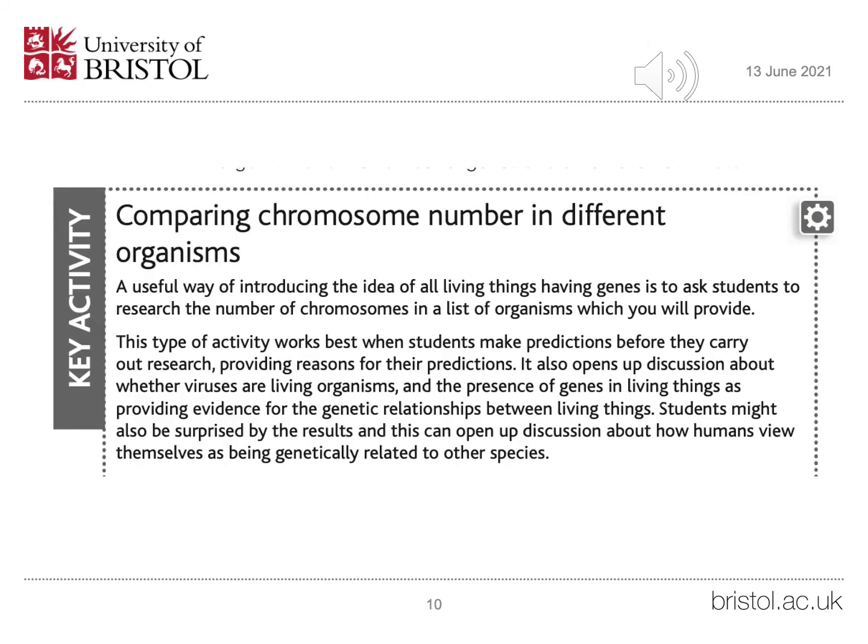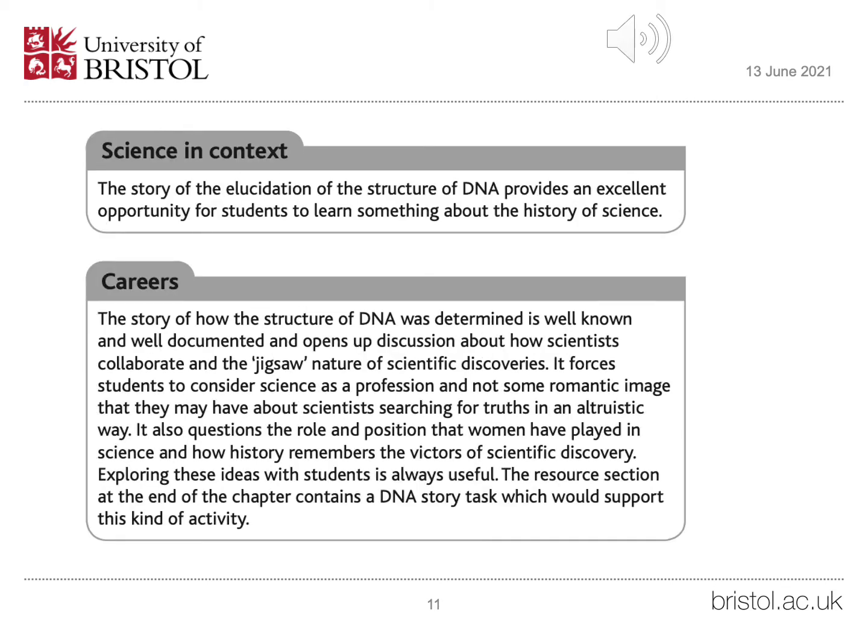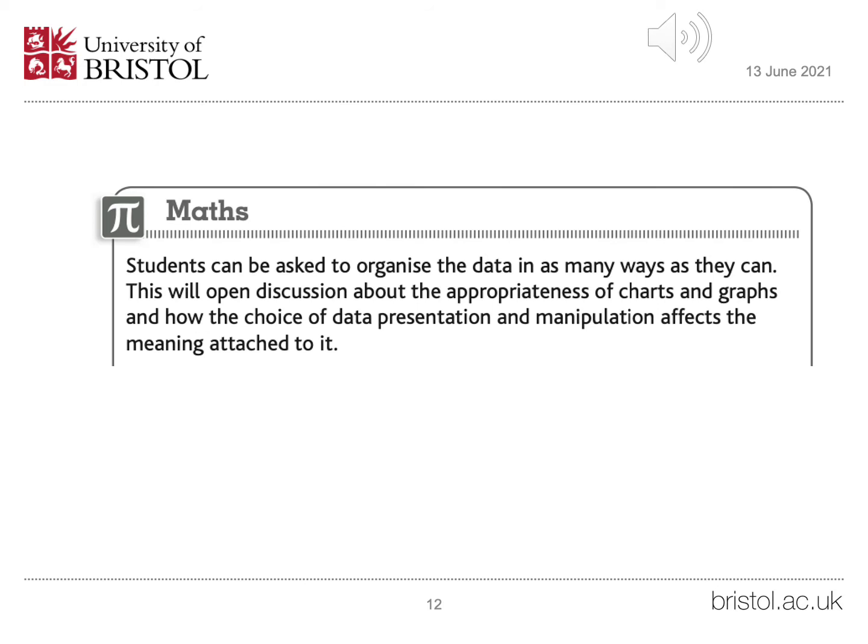There are key activities which can be used directly in the classroom. There are links to science in a wider context and career opportunities. Links to mathematics, which is particularly important in the area of genetics and genomics.